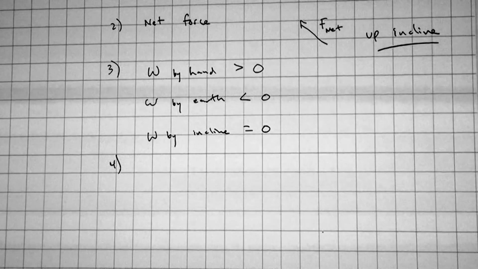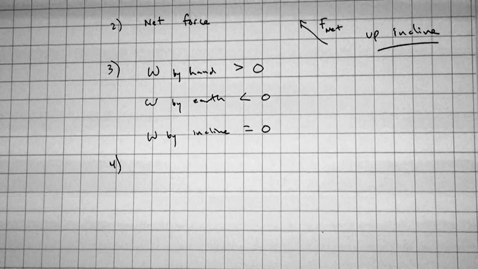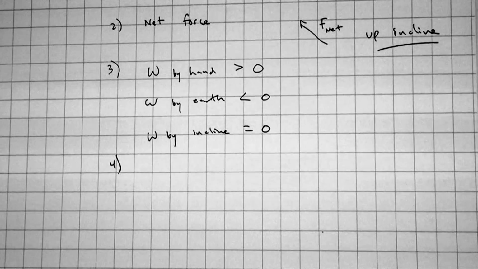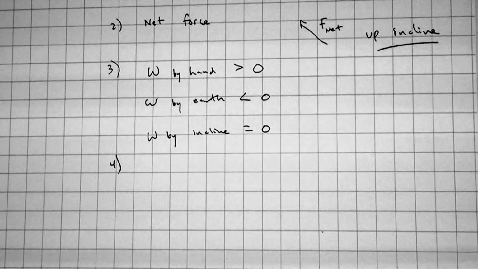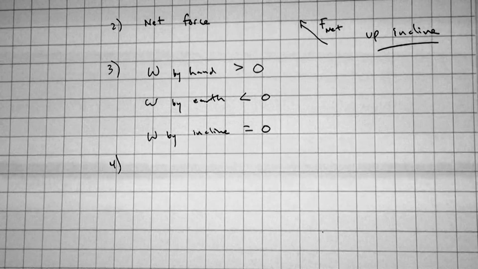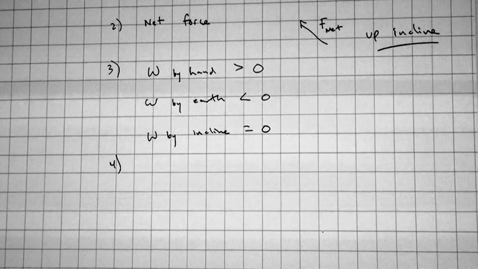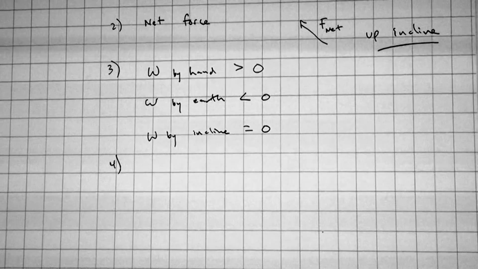What do you think? The hand is exerting a force on the block. Are we good with that? The block is moving. So there's work being done on the block by the hand.